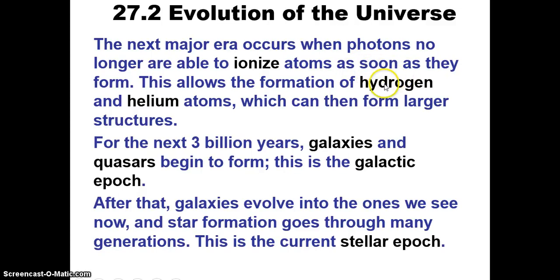Some of the hydrogen will fuse with neutrons, right? So in other words, it becomes this thing called heavy hydrogen, which is actually called hydrogen 2, where there's a proton and a neutron bonded together. And by the way, that actually has a name. It's called deuterium.